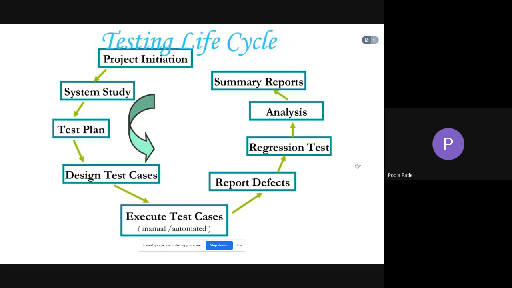Here, as you can see, the testing life cycle: project initiation, system study, test plan, design test cases, execute test cases, whether manually or automated, report defects, regression test, analysis, and summary report. This is the cycle of testing, that is, the testing life cycle.